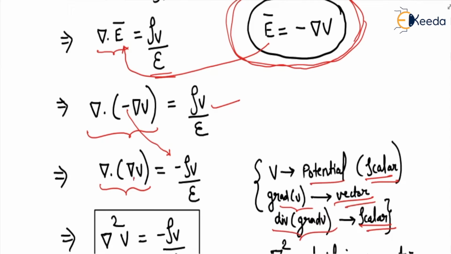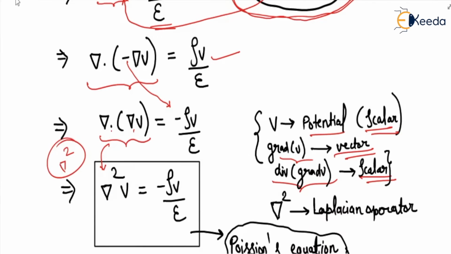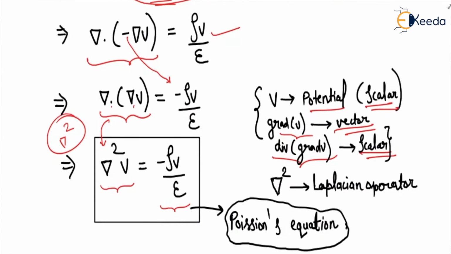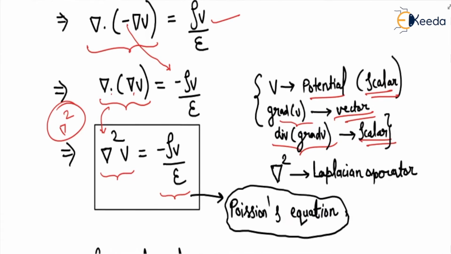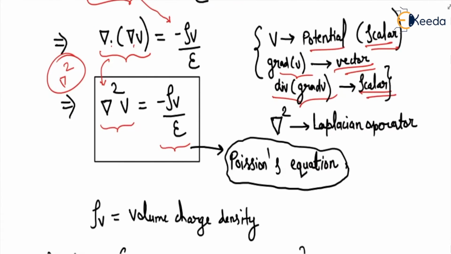So gradient followed by divergence is called the Laplacian operator, or the del square operator. So this equation turns into del square V is equal to minus rho V by epsilon, and it is called Poisson's equation.